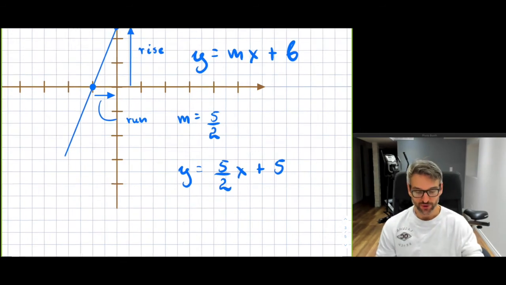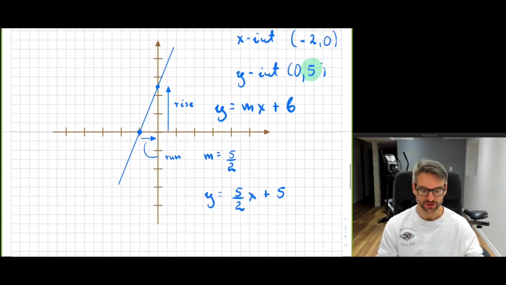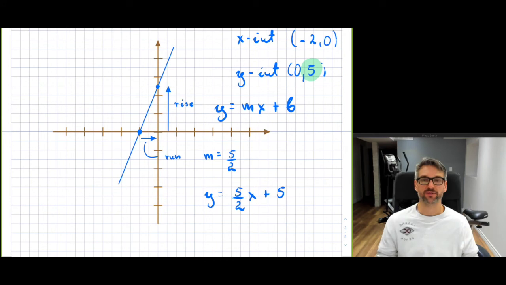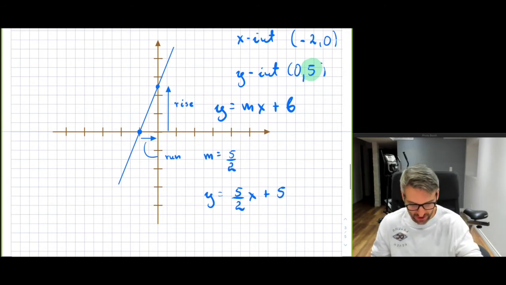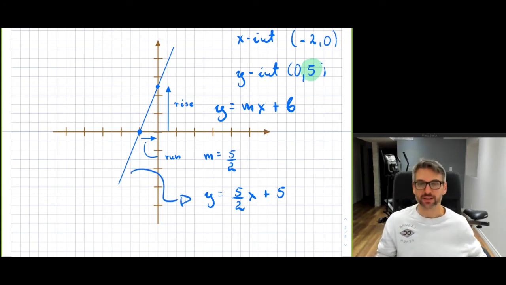So if you're given the x and y intercepts, then graphing them is basically plotting your points and then drawing a line. And to get the actual equation from this line, simply look at your rise over your run between those 2 points that you've plotted, and you have your answer.